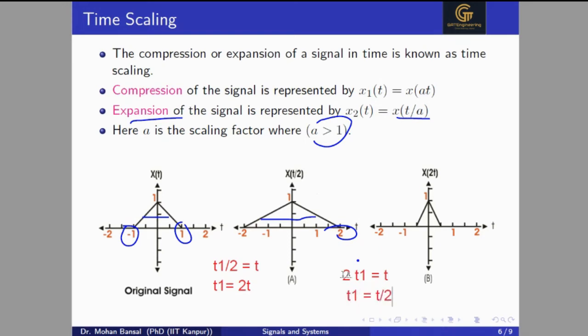Now we map the t axis to t1. Whatever value we have at t, we will get at half the value. The signal was starting at t equal to minus 1, it will now start at minus 1 by 2. Similarly, it was ending at 1, it will end at 1 by 2. That's why its width is reducing. So this is the concept of time scaling in the continuous time signal.